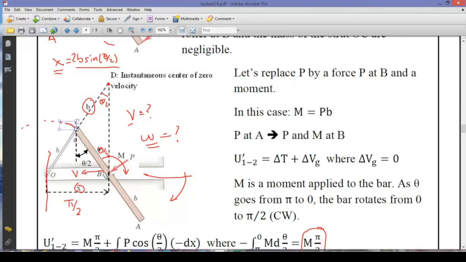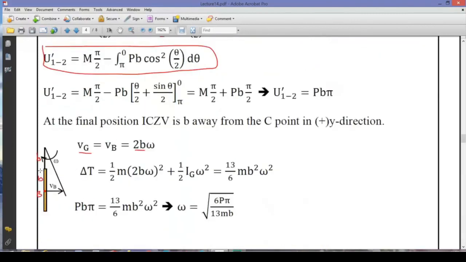If this is B, then this has to be B as well, and the instantaneous center of zero velocity will always be B away from the C point. So at its final condition, it is B away from the C point, and the mass center of this link is 2B away from this instantaneous center of zero velocity. Therefore, the velocity of the mass center at this final instant will be found by 2B times omega.